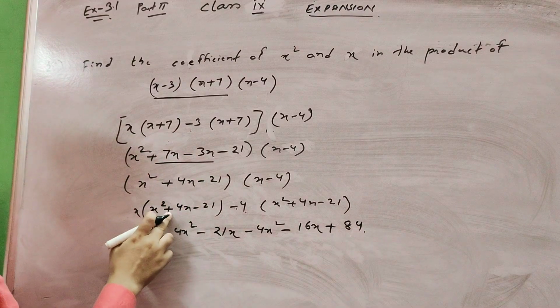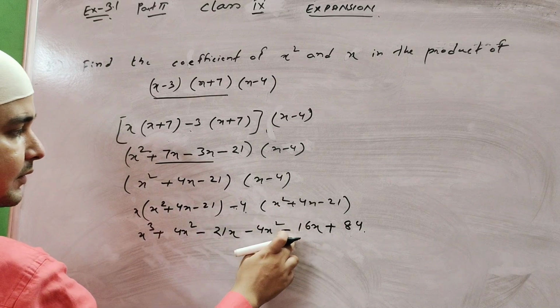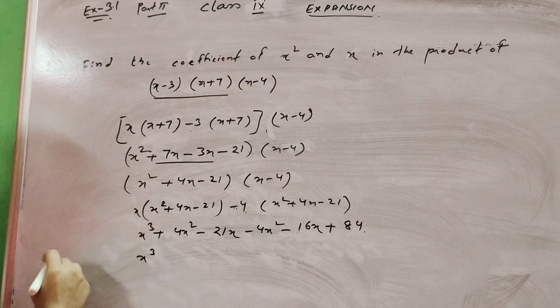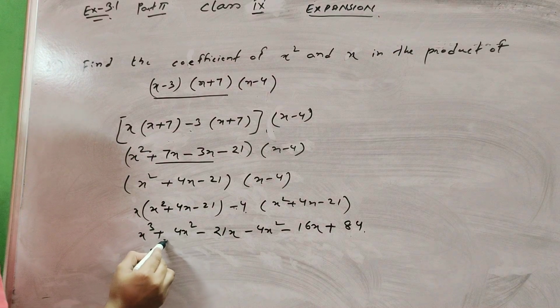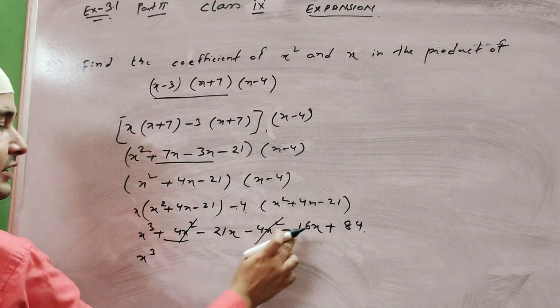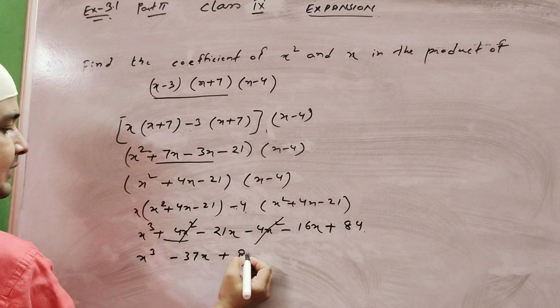Again we check the sign: plus, minus, minus, minus, here that is minus minus plus. Okay, so x cube is alone, plus 4x square minus 4x square cancel, minus 21x minus 61x minus 37x plus 84.